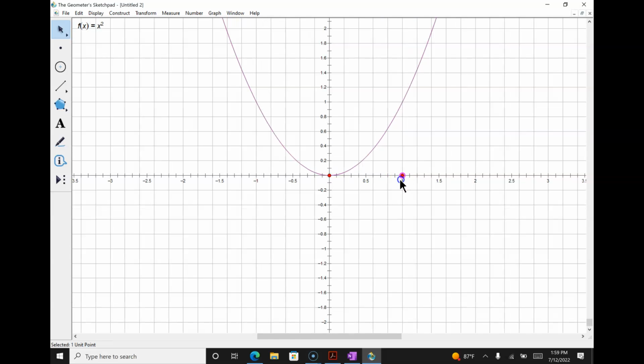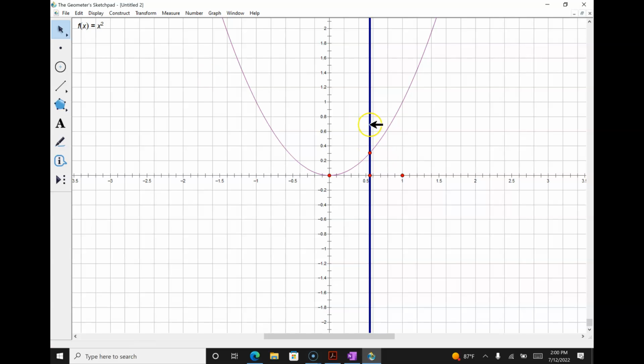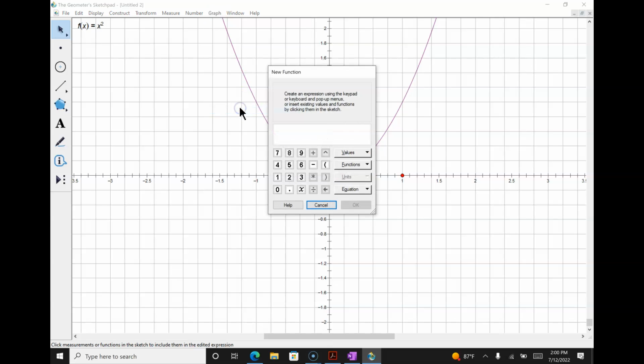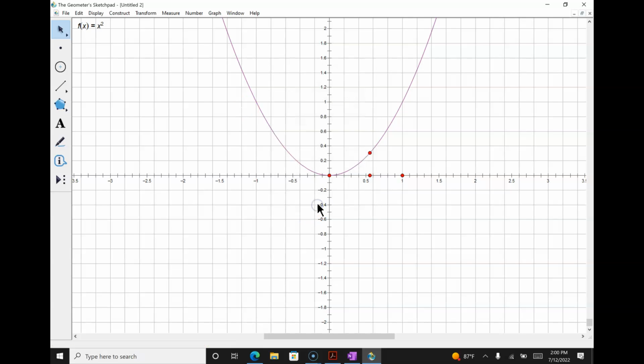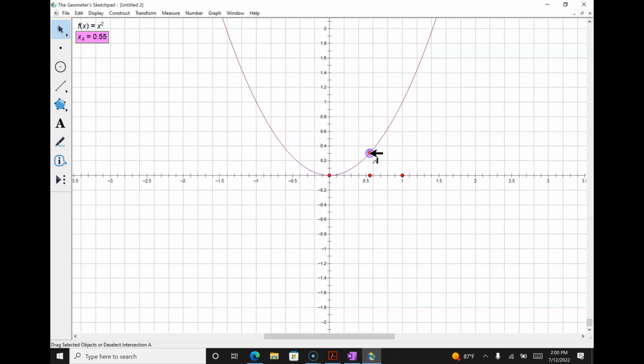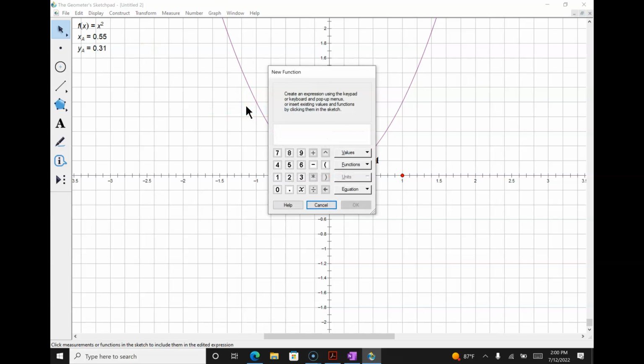Let me create the tangent line real quick here. Just give me a second. Sorry. Oh.